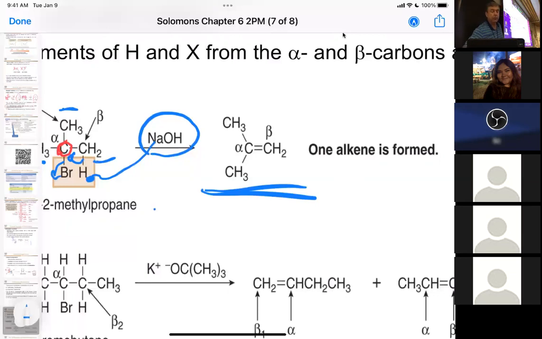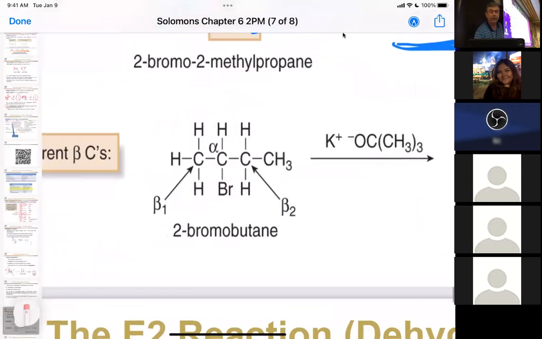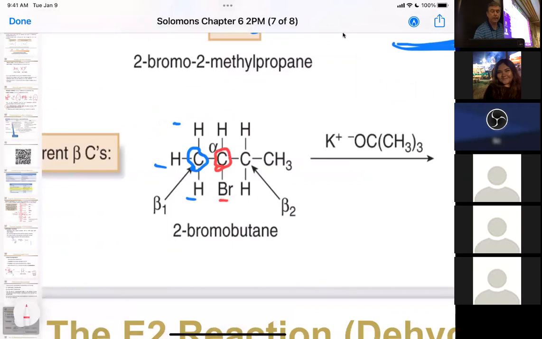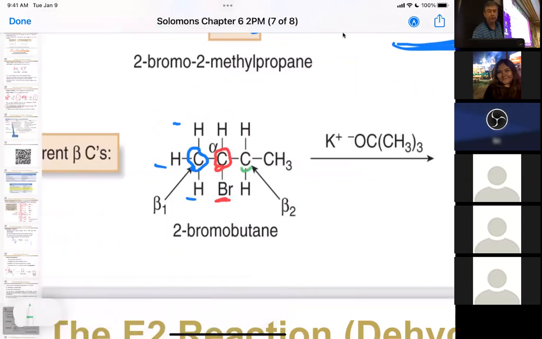So when we have an option though, we could get 2 different products. Now, if you notice here, we have this beta carbon right here has 1, 2, 3 beta hydrogens on it, okay? And our alpha carbon is over here because it's the one with the halogen on it. And that means that this is a different beta carbon because it only has 1, 2 hydrogens on it. So we have a choice, right?